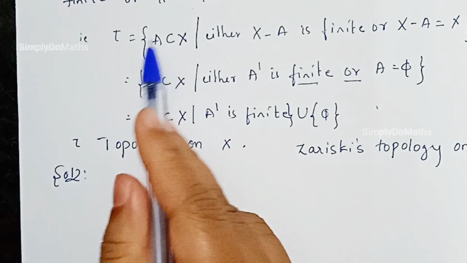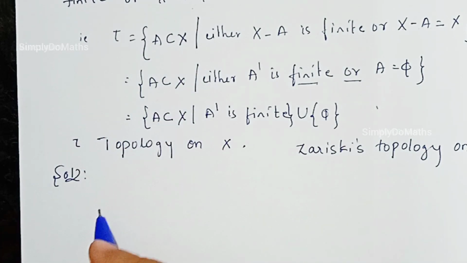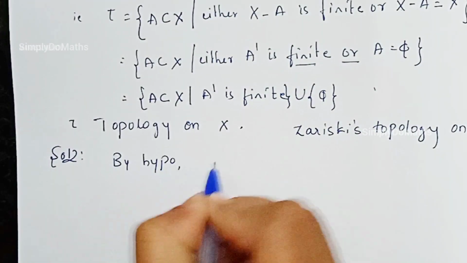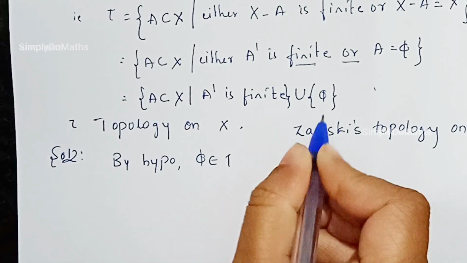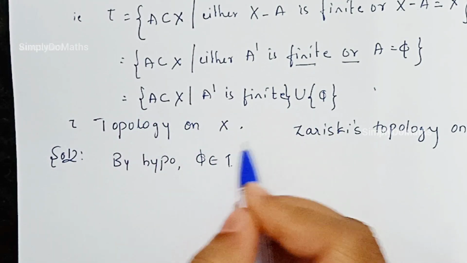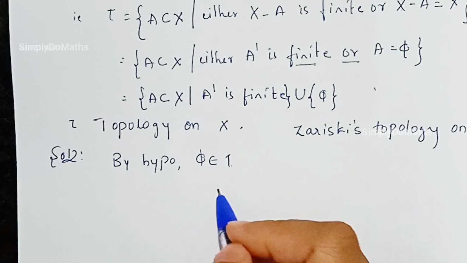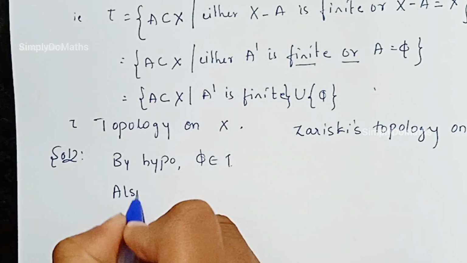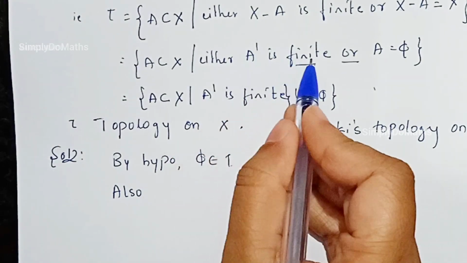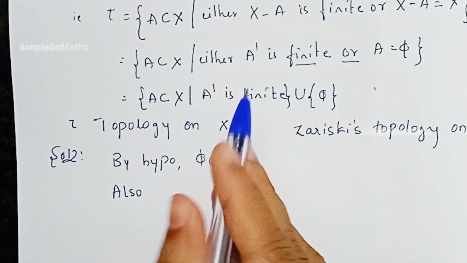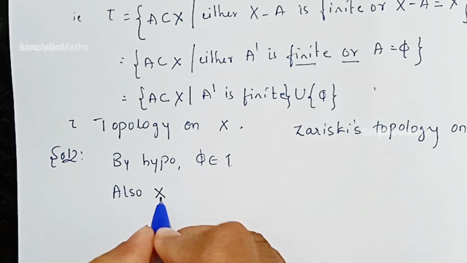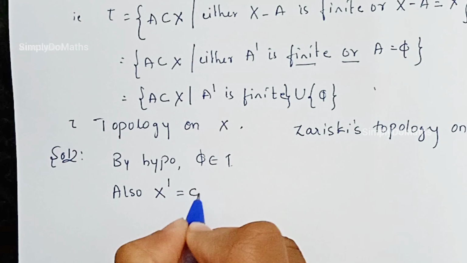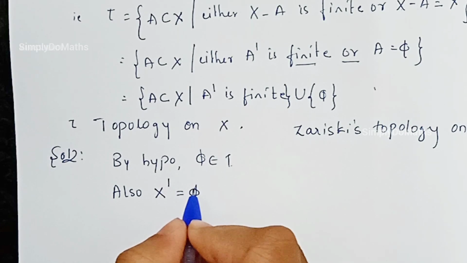Let's check how this set becomes a topology. By hypothesis, we have empty belongs to tau, right? So the first condition for the topology, empty belongs to tau. Also we have A dash is finite. Let us consider the value of A as X. It will become X dash. We know that X dash is nothing but empty, right?